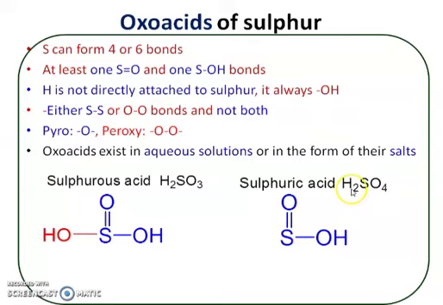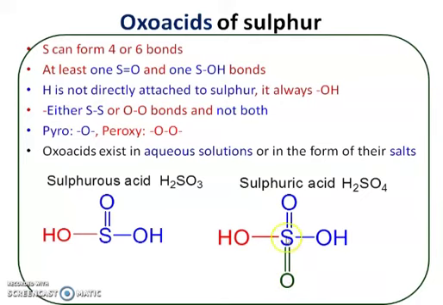Out of 2 hydrogen atoms, 1 hydrogen atom is drawn in this structure, and hydrogen always exists in the form of OH, so add 1 OH group. Now 2 hydrogen atoms are used in this structure, and 3 oxygen atoms are used out of 4. 1 oxygen is remaining, and that must be in the form of a double bond O.